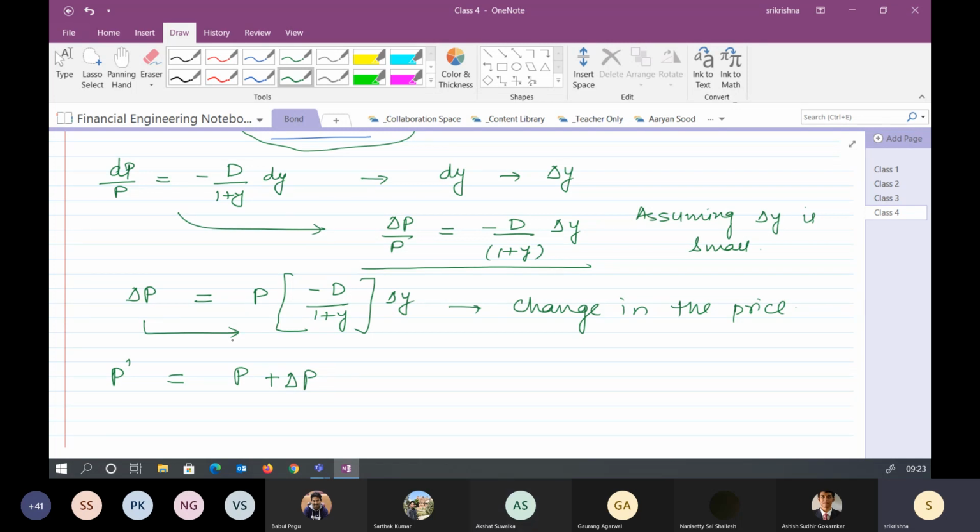So there are two different understandings from duration and convexity. One is from the risk perspective, and another is mathematical: whatever graph we have got, we are trying to do the first order approximation and second order approximation to calculate what the new price should be if YTM has changed by a certain amount.